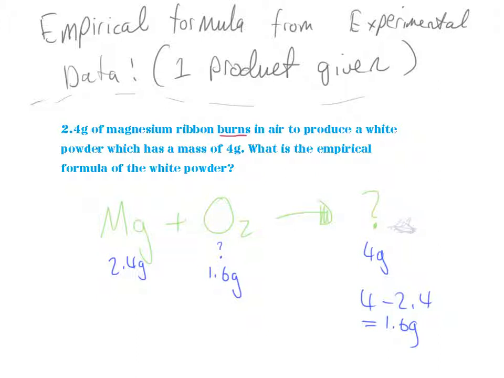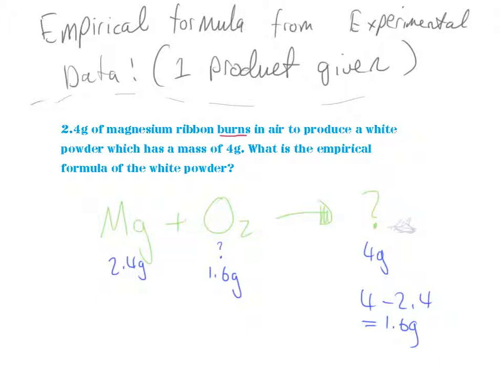And for magnesium, we can use the periodic table to find out the molar mass of magnesium, and we can find out the molar mass of the molecule of oxygen by multiplying the relative atomic mass by 2.